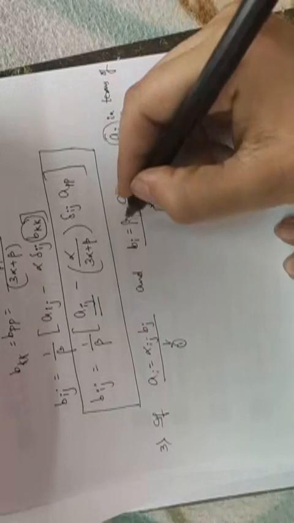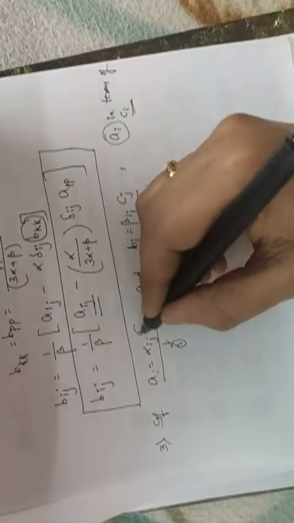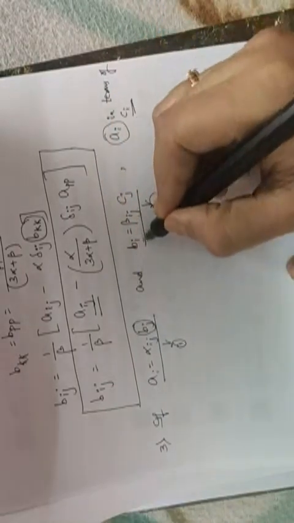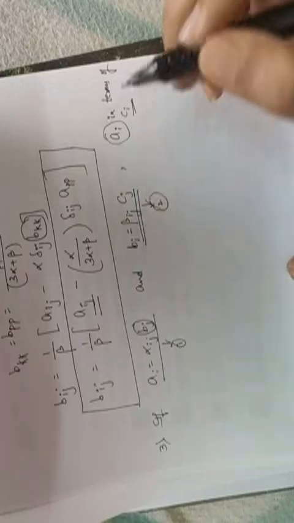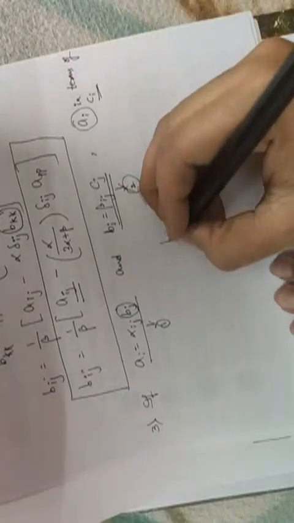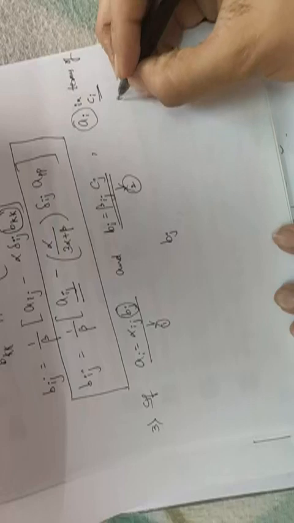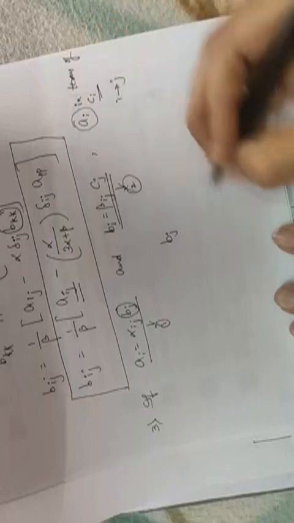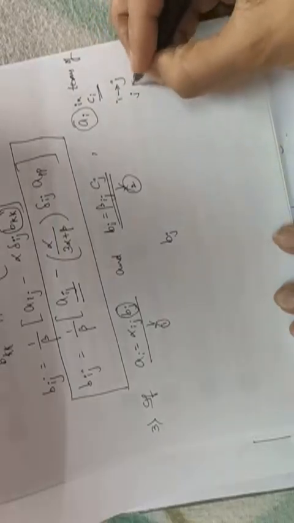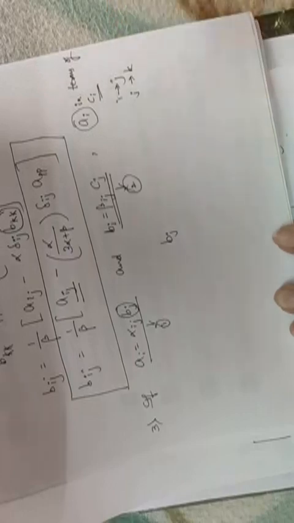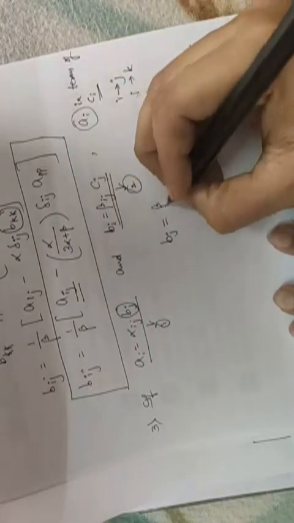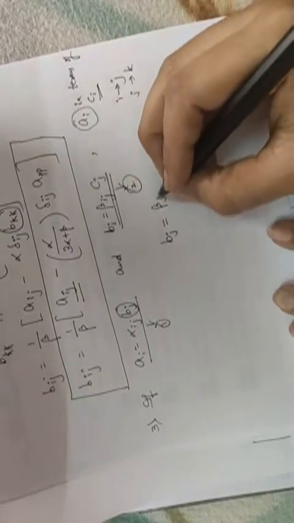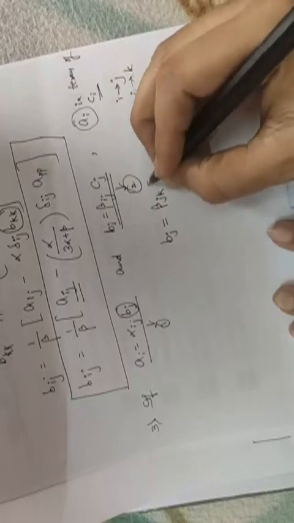I will change it in this equation because here I have bj. So I have to write equation 2 in terms of bj, right? So for bj, we are changing i to j and j to k. Okay. So bj is equal to beta jk ck.